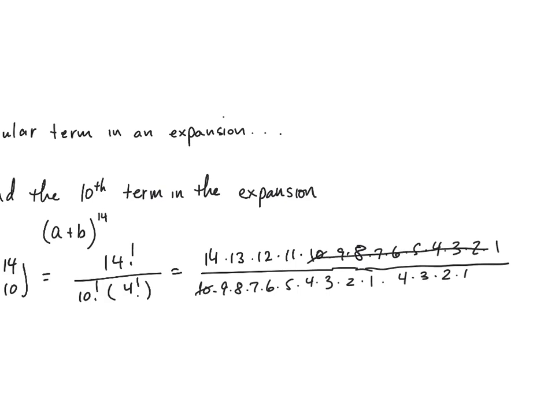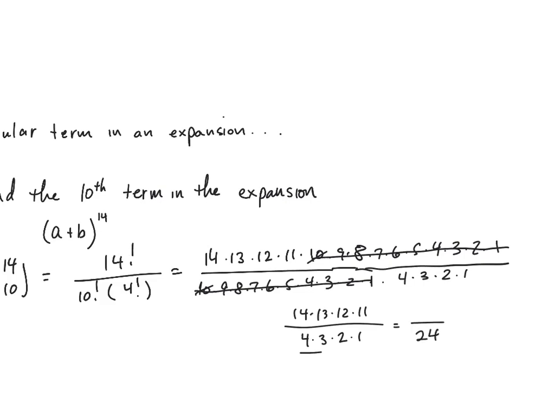The 10 times 9 times 8 and so on is going to cancel out. So really it's 14 times 13 times 12 times 11 over 4 times 3 times 2 times 1. 4 times 3 is 12, 12 times 2 is 24. So the denominator is 24.